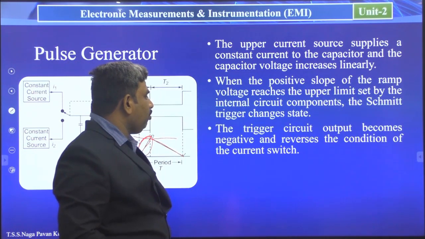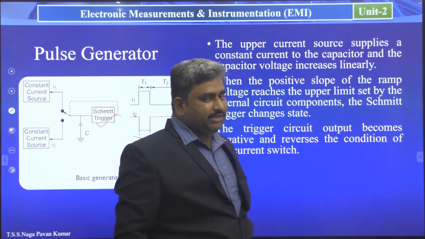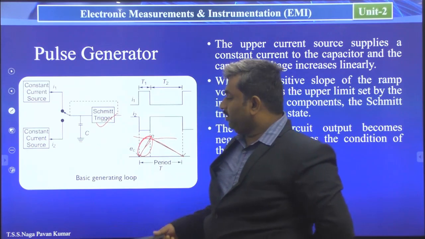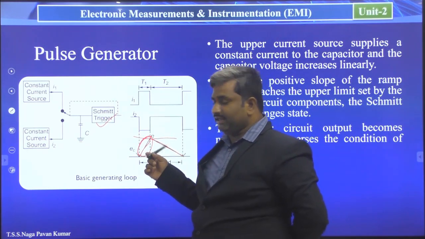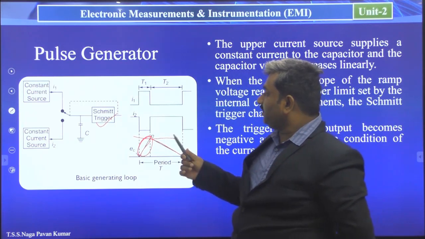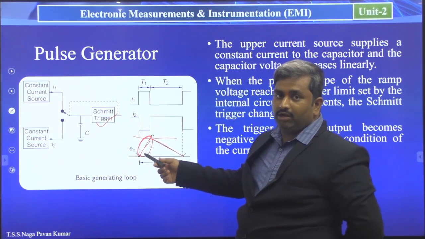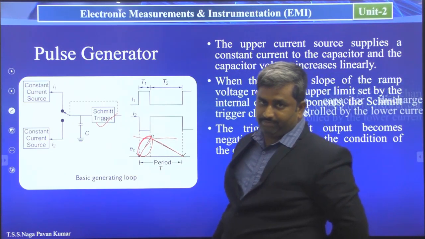The trigger circuit output becomes negative and reverses the condition of the current switch. So whenever this ramp curve wants to decrease, the Schmitt trigger will give a small signal. With that small signal, the output is going to decrease for a given set of time.